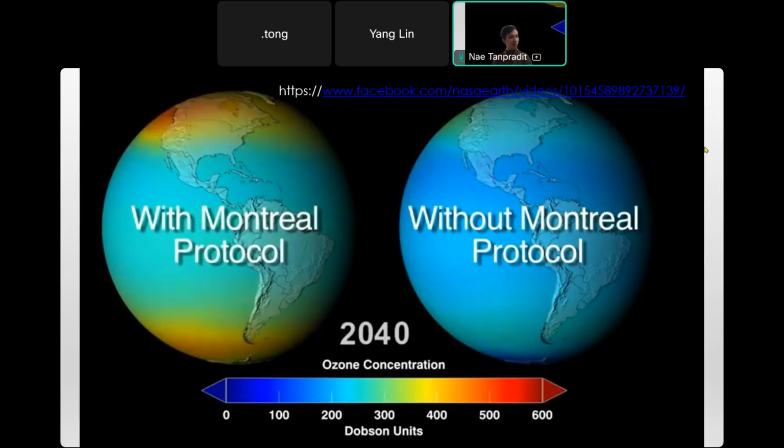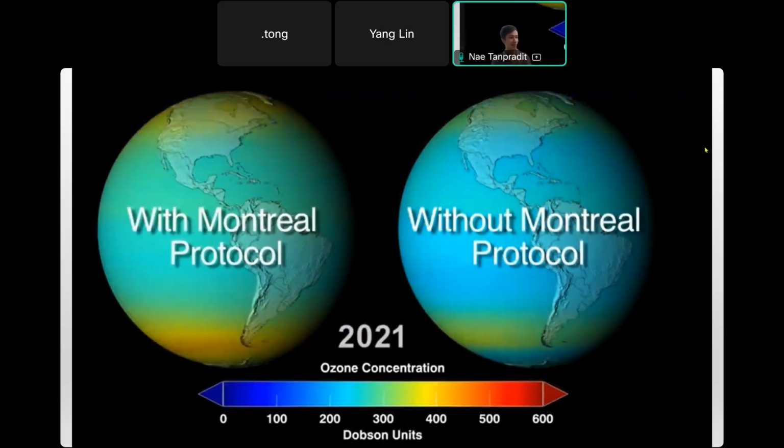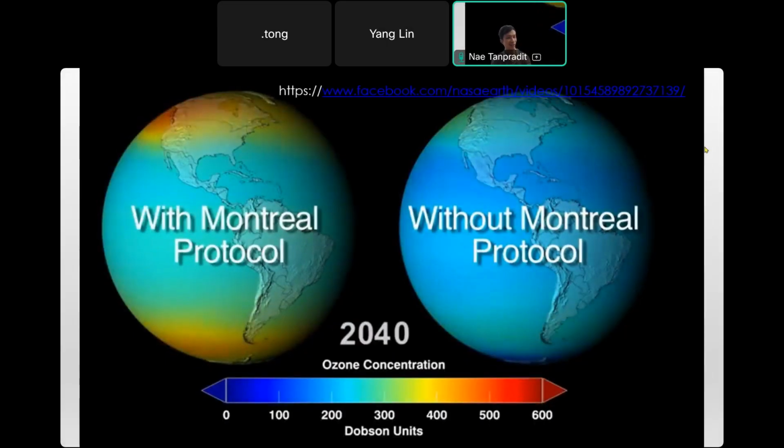This means the whole world is vulnerable to the UVC, and many living organisms will get cancer and die later. It's like a mass extinction. But thankfully we can solve the problem just before the worst point is reached.